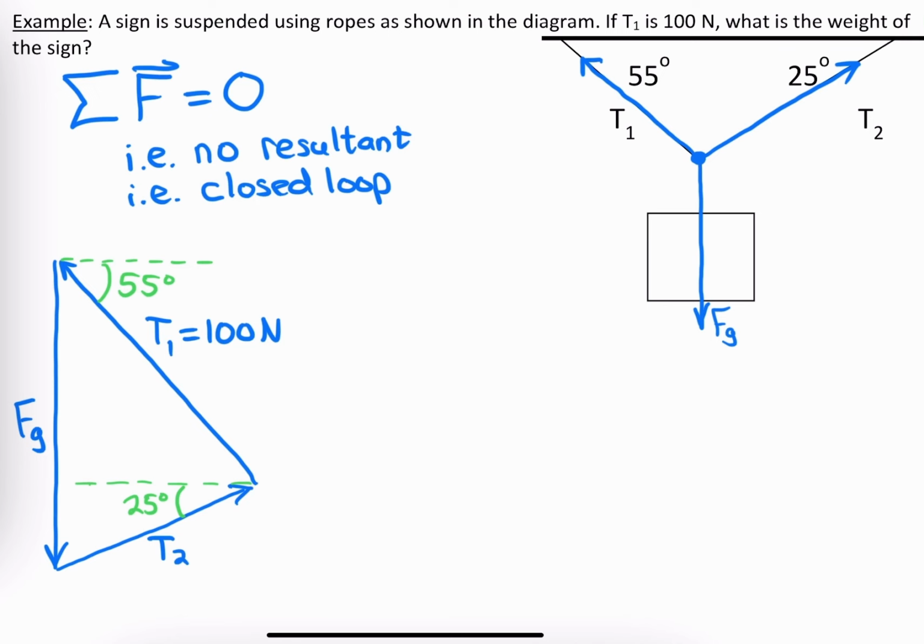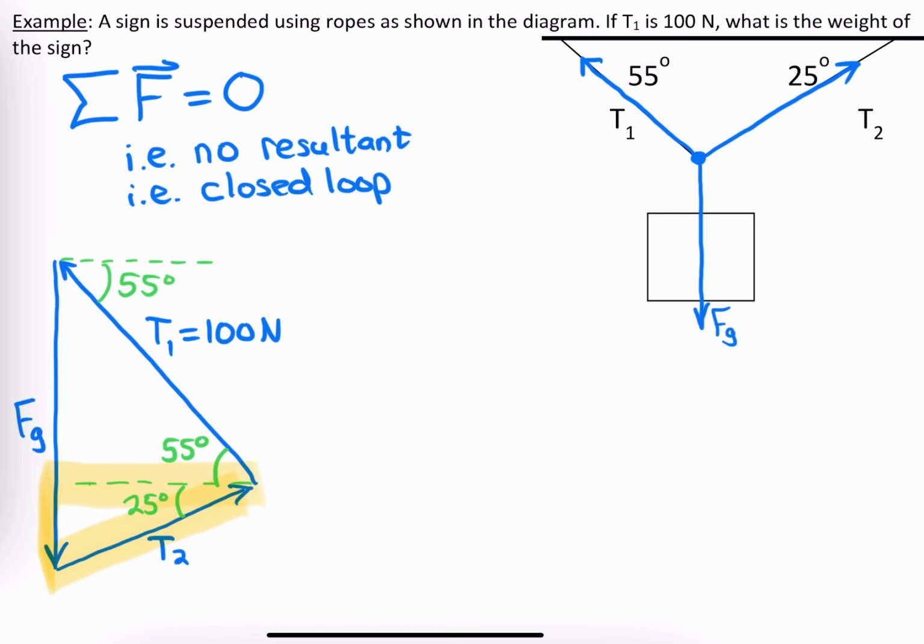All right, I'm realizing that I've got a bit of a Z pattern here. And so the Z rule tells me that if that top angle is 55, then this one down here would have to be 55 degrees as well. And down here in the bottom corner, I've got a right angle triangle.